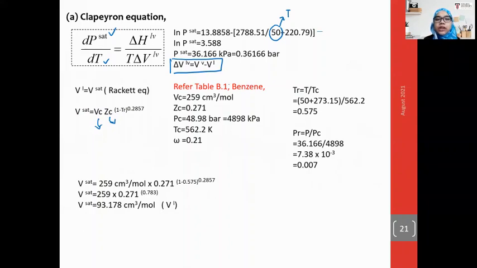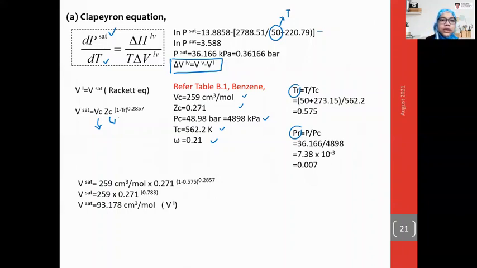By referring to Table B1, the substance is benzene. It lists all the properties here. We can get the critical specific volume, critical compressibility factor, critical pressure, temperature, and eccentric factor. So we can determine the reduced temperature and pressure here.